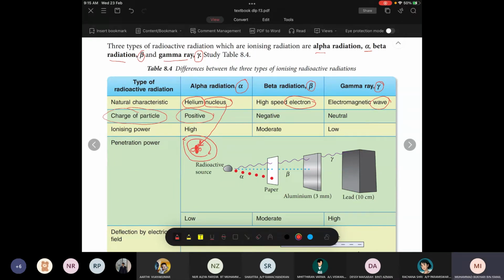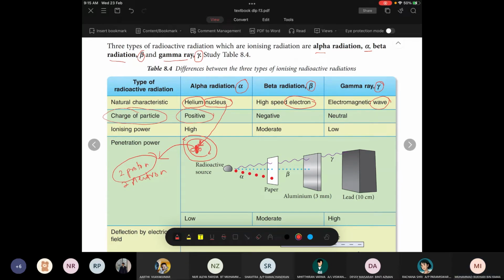In the nucleus we have two protons and two neutrons, right? Proton is positively charged, and neutron is neutral. So that's why the nucleus is positively charged, and that's why the charge of the particle is positive. Understand?